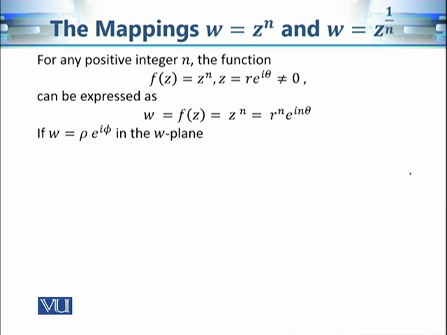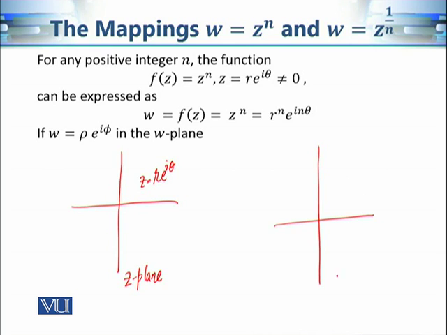Now if we use the same exponential form in the w plane as well, then what will happen? In the z plane we are using complex numbers of the form z is equal to r e raised to power iota theta. If w is equal to rho e raised to power iota phi, then we can compare this with f of z, because this is w.